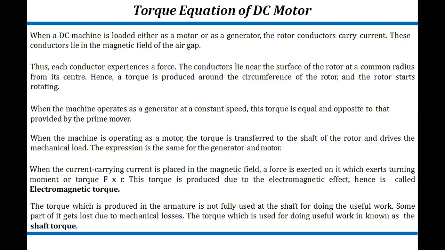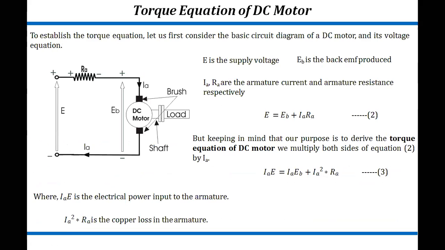The torque is produced in the armature. It is not fully used at the shaft for doing useful work, but some part gets lost as mechanical loss, and the remaining torque is used for doing useful work. We call that the shaft torque, which we take to do mechanical work.